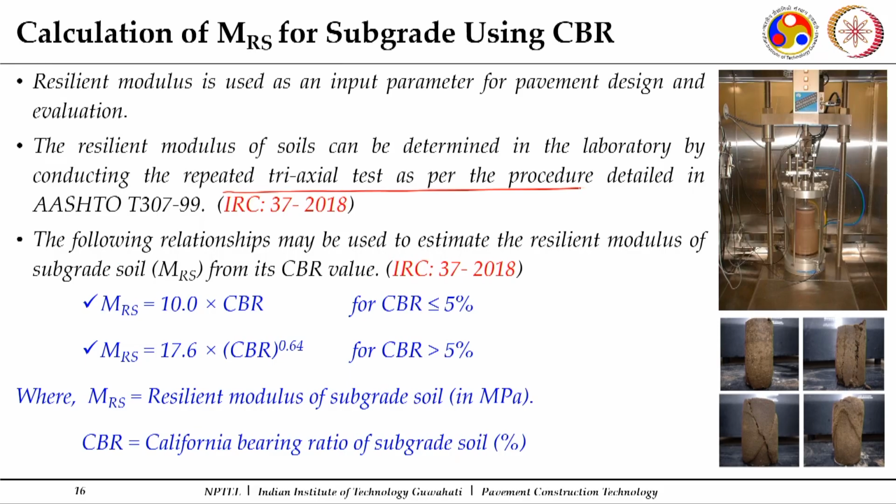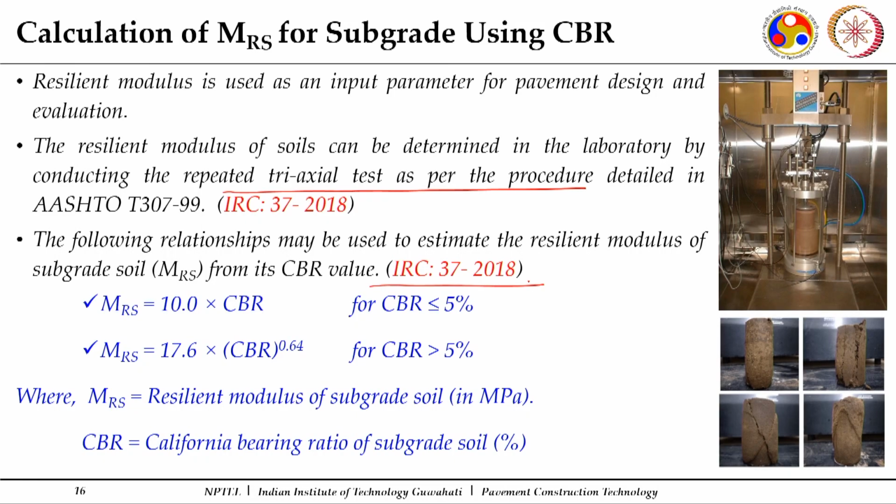From this triaxial test, normally stress is applied and resilient strain is measured. So, you get a resilient modulus, and that resilient modulus is used in the design of flexible pavements as per IRC 37:2018. But in most cases, it is time consuming, and many labs don't have this facility.